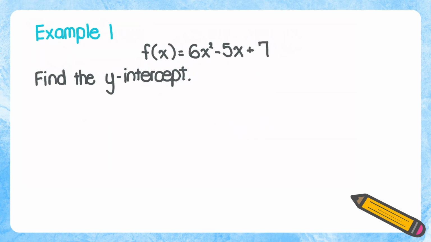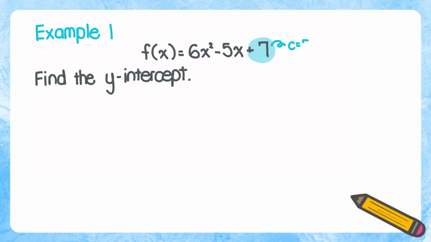For our first example, we have f of x equals 6x squared minus 5x plus 7. To find the y-intercept, we focus on the c value. So here, our c value is positive 7.